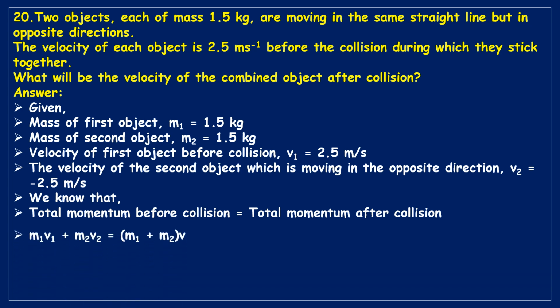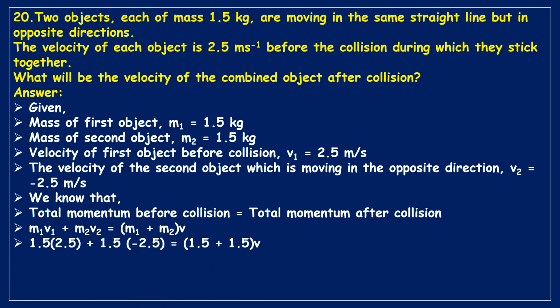Now we'll see how it works. We have the formula m1 v1 plus m2 v2 equals (m1 plus m2) V. That is, the sum of the initial momenta of object 1 and object 2 equals the final momentum of the combined object. Here m1 is 1.5, v1 is 2.5.